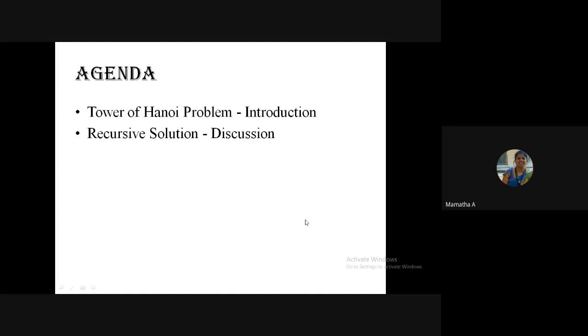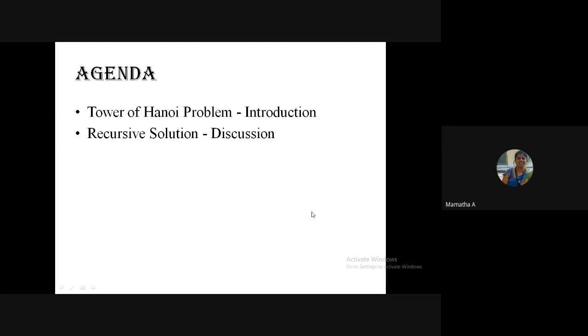So you all know that any problem can be solved in two ways. What are the two ways of solving any problem, students? Say I give you the problem of finding the factorial of a number. There are two ways to solve that particular problem.